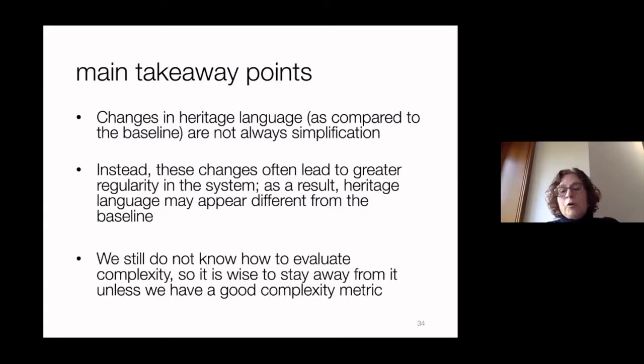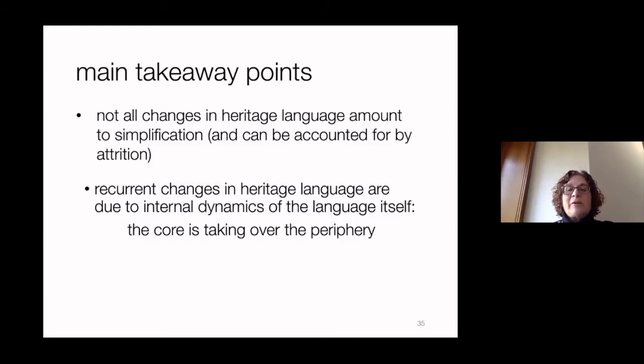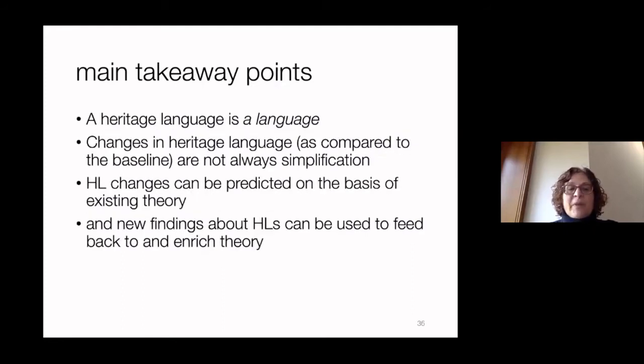What we still don't know, aside from outside of heritage studies, is how to evaluate complexity. So my feeling is that it might be better to stay away from it unless and until we have a good complexity metric. So again, not all changes amount to simplification, and a lot of recurrent changes that we see in heritage languages are due to the internal dynamics of the language itself, where the core, the regular system, is taking over the periphery.